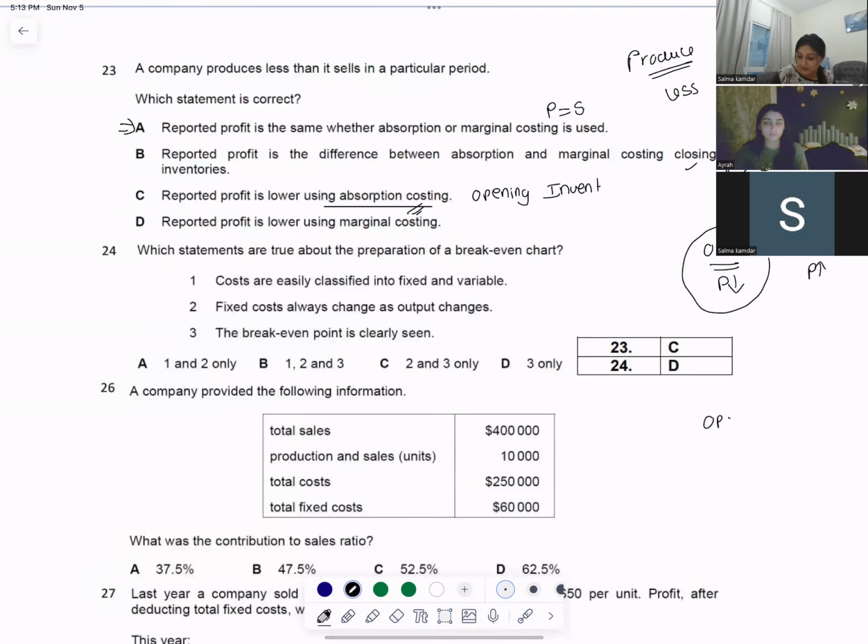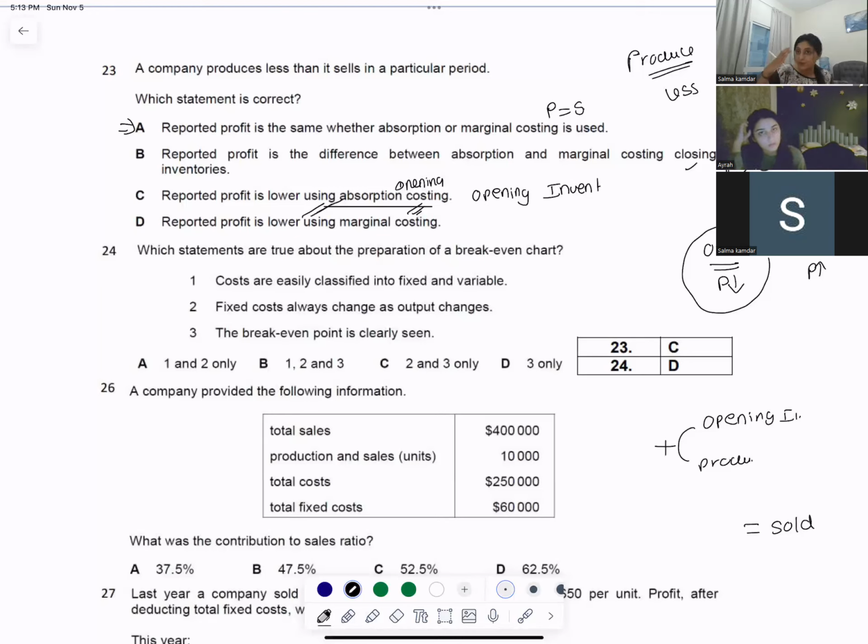That means you had an opening inventory, and your production was less than what you sold. That means opening inventory plus production is giving you your number of units sold. So in this case, you had an opening inventory, and because of the opening inventory, your profit is lower using absorption costing.